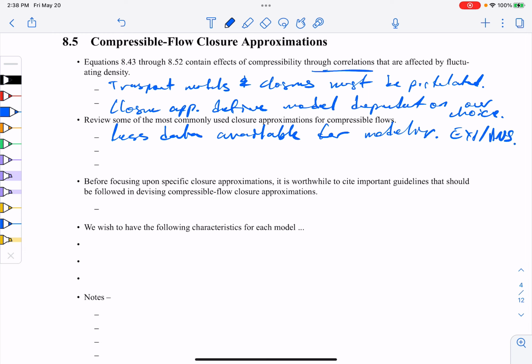So that adds to the difficulty. And therefore, the modeling of the compressibility effects is always in a state of development, even today. Therefore, the closure approximations that we're going to discuss are generally those that are most popular.